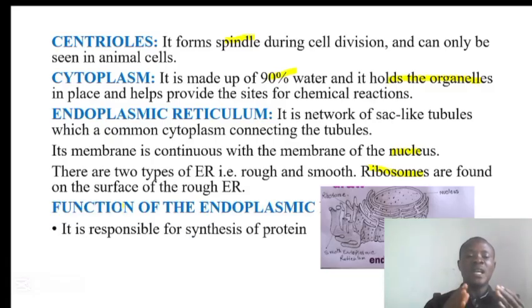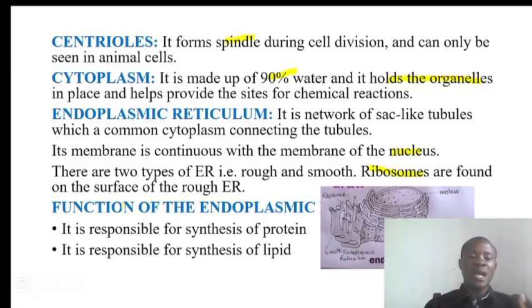Functions of the endoplasmic reticulum: one, it is responsible for synthesis of protein, more so the rough endoplasmic reticulum. And two, it is responsible for synthesis of lipid, more so the smooth endoplasmic reticulum.